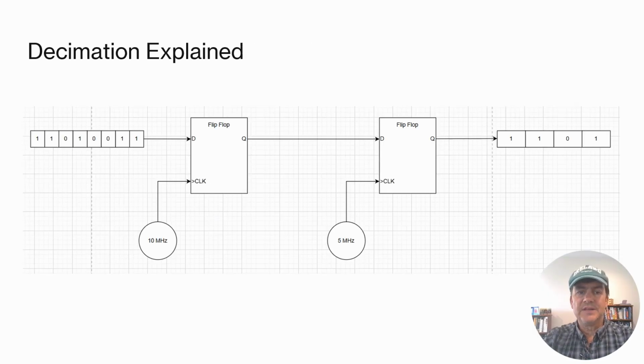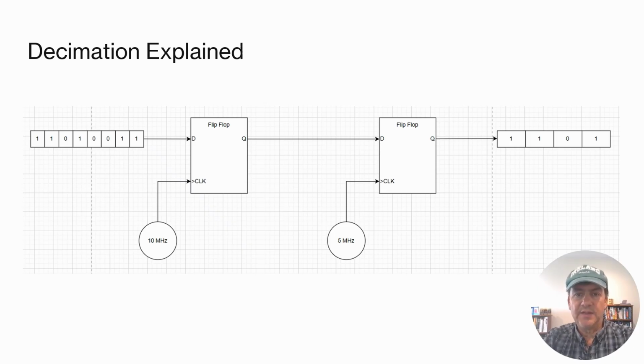The solution is to use a multi-stage decimation filter architecture. But before showing you that, you might be wondering, what is decimation? Decimation is simply reducing the sample rate by discarding data in a controlled way. For example, consider a data pipeline with a 10 MHz input clock and a 5 MHz output clock.